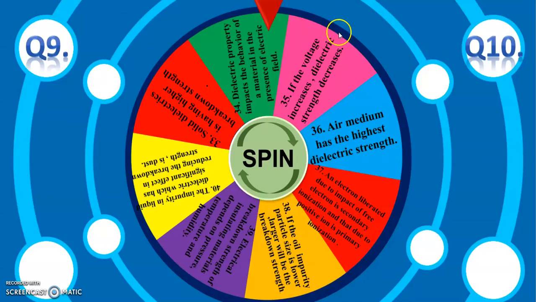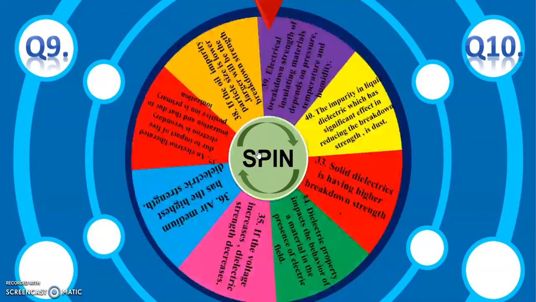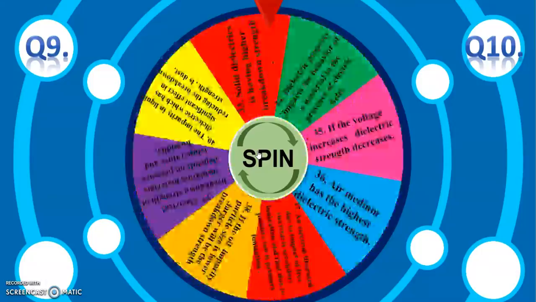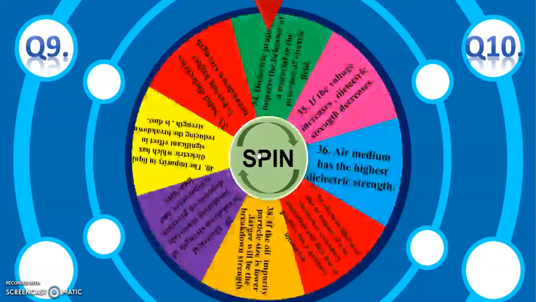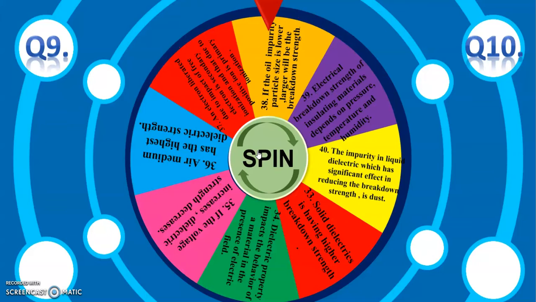Okay, good. Now, question number 10. Question number 38 in yellow color. The wheel is done beautifully. Good colors, very good. If the oil impurity particle size is low, larger will be the breakdown strength. Yes, false. Who answered first?